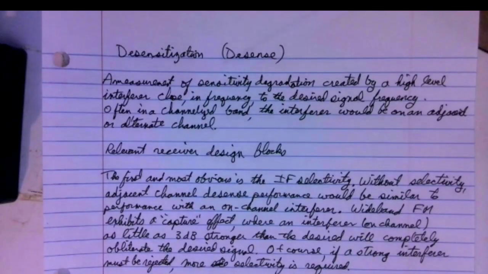So what is desense to start with? It's a measurement of sensitivity degradation created by a high-level interferer close in frequency to the desired signal frequency, often in a channelized band, on an adjacent channel. Now, you'd have to read the specification for exactly how to do that test. How much sensitivity degradation are you looking for?